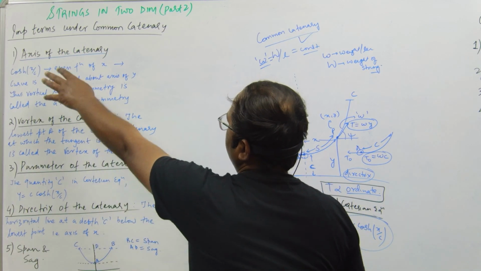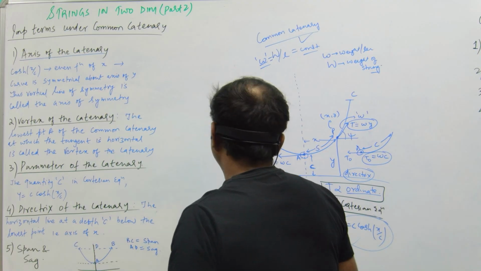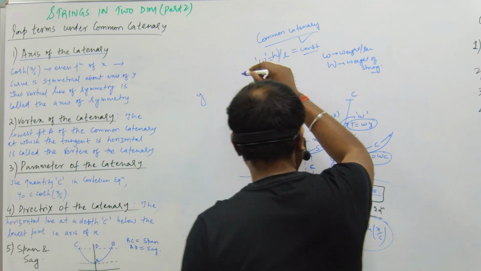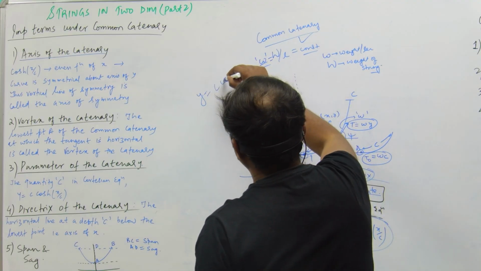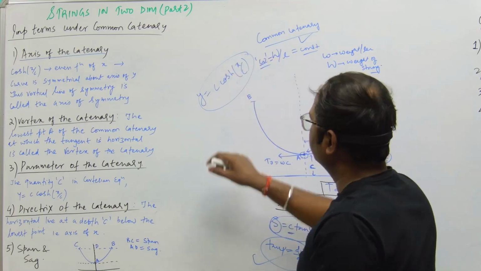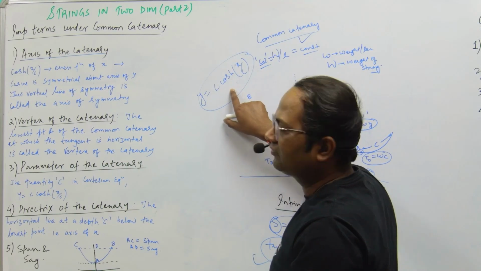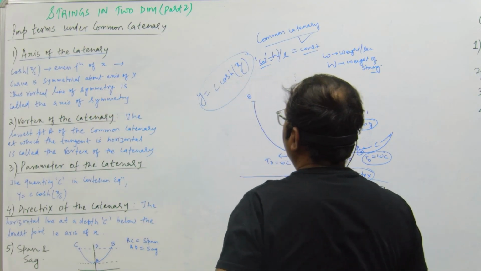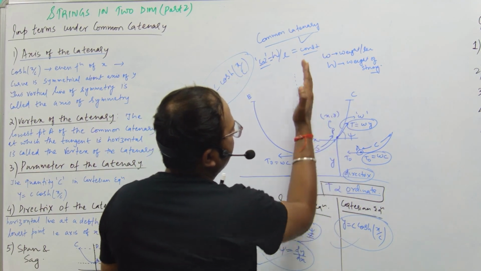What is the axis of a catenary? In the Cartesian equation we have y equals c cosh of x upon c. This is an even function of x, and the curve is symmetrical about the y-axis. Since it is an even function, the curve is symmetrical about the y-axis.